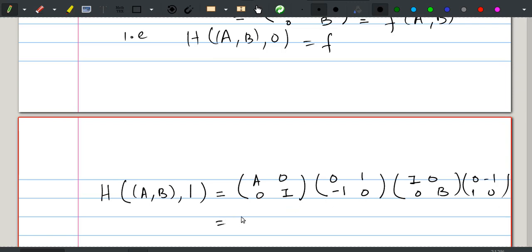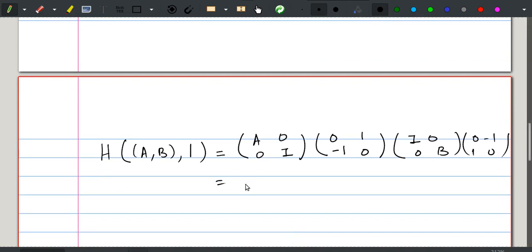Now this is the same as when we multiply these two matrices. This is 0 times first column and minus 1 times second column, so this is 0 minus I. Now 1 times first column and 0 times second column, that is the first column.